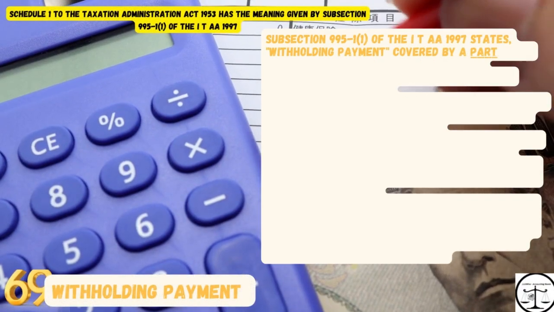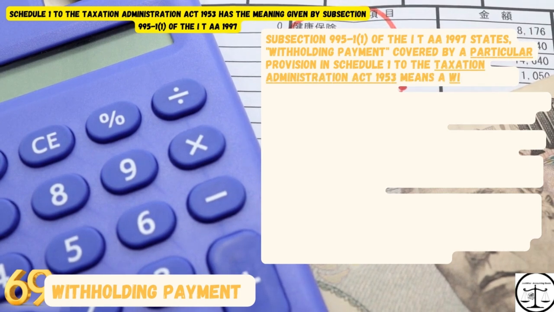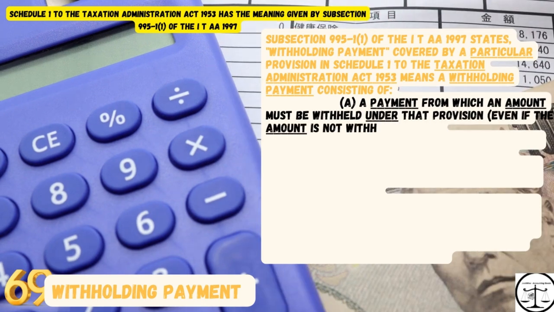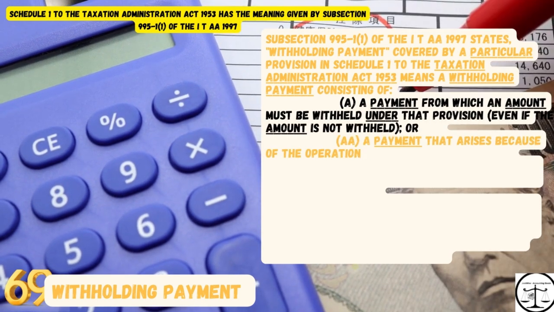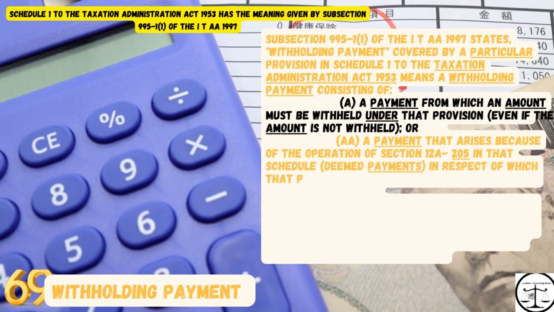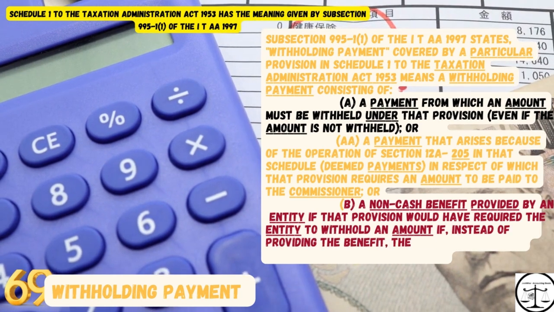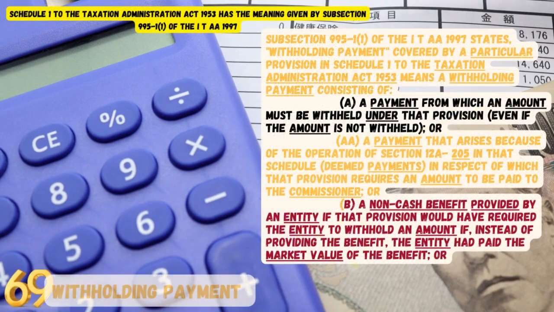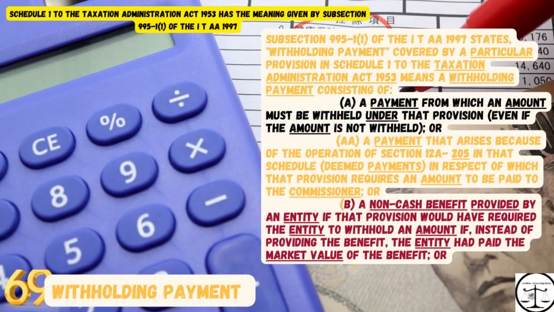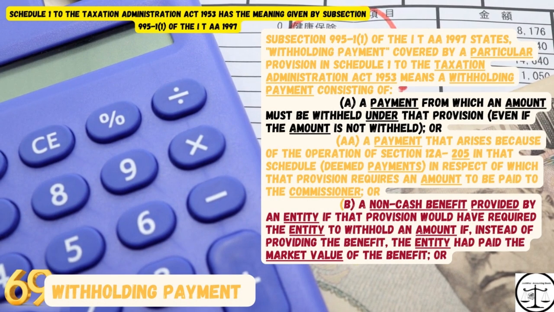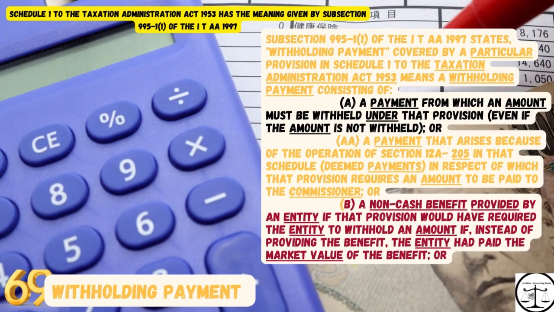Subsection 995-1 of the ITAA 1997 states: withholding payment covered by a particular provision in Schedule 1 to the Taxation Administration Act 1953 means a withholding payment consisting of a payment from which an amount must be withheld under that provision, even if the amount is not withheld, or a payment that arises because of the operation of Section 12A-205 in that schedule, deemed payments, in respect of which that provision requires an amount to be paid to the Commissioner, or b.